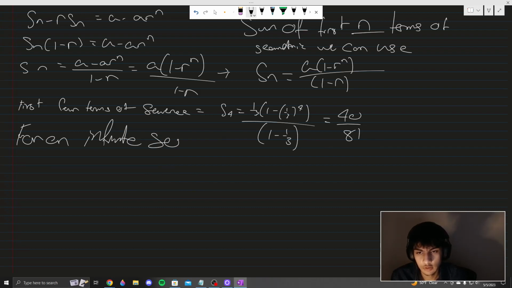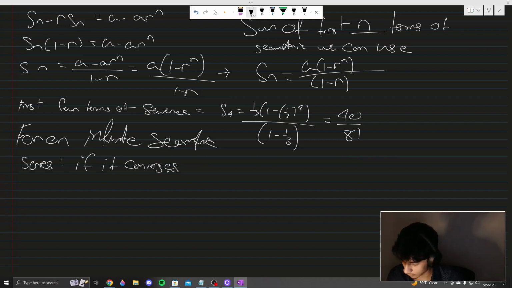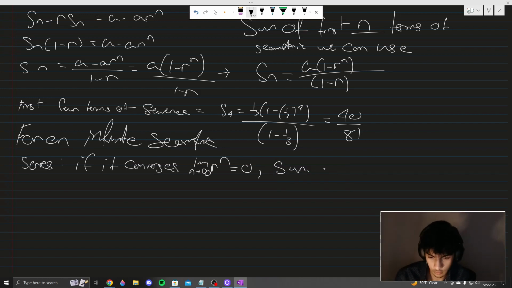For an infinite geometric series, if it converges, the limit as n approaches infinity of r to the n equals 0, and the sum S equals a over 1 minus r.